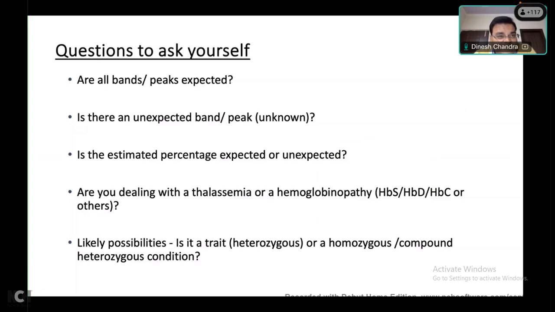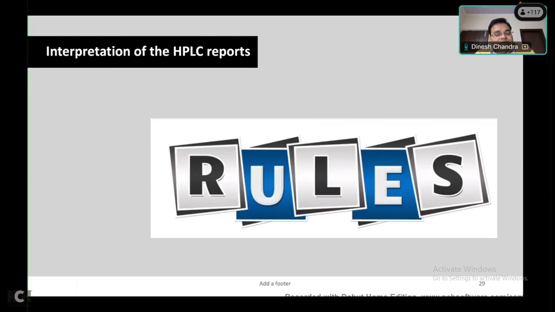Here I want to clarify that in thalassemia, like alpha thalassemia and beta thalassemia, no new band will appear. Whatever A, F, and A2 is there, they either decrease or increase. In hemoglobinopathy like S, E, D, there is a new hemoglobin variant, so a new band or a new peak appears. So we have to have some room to interpret these things.